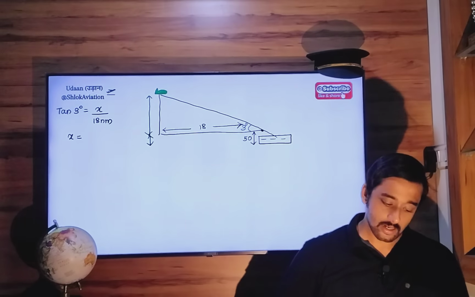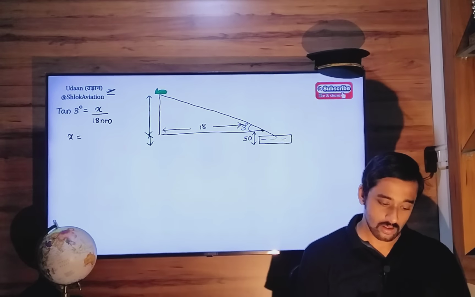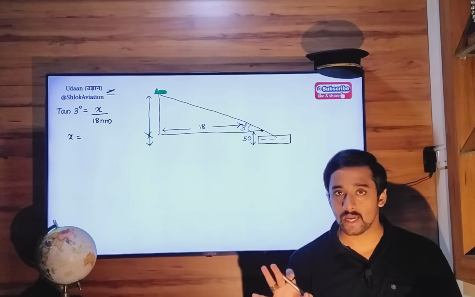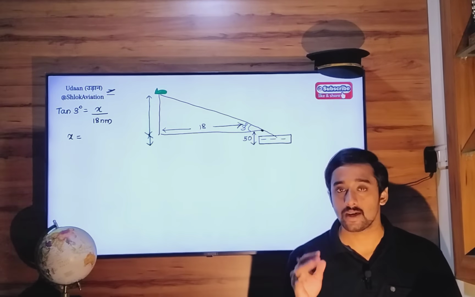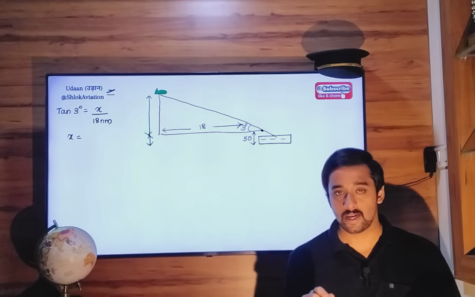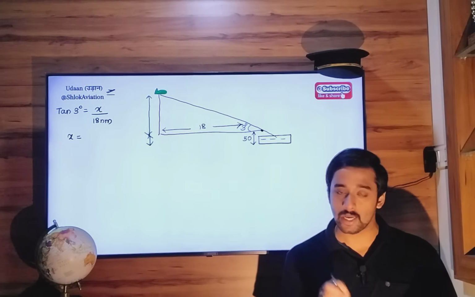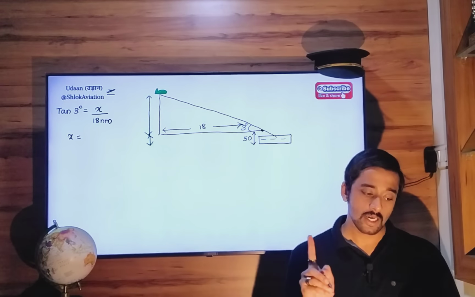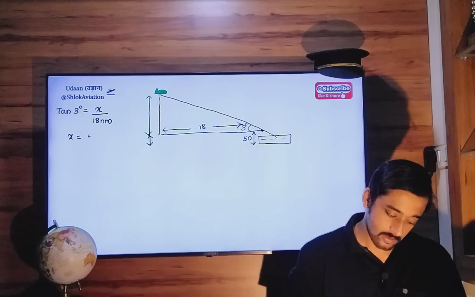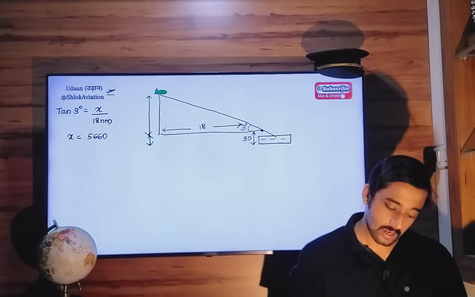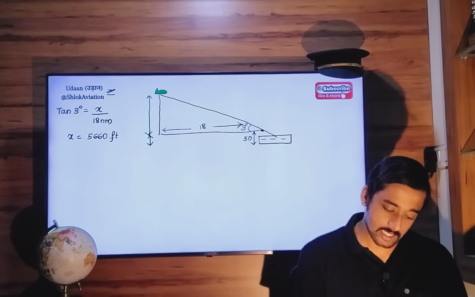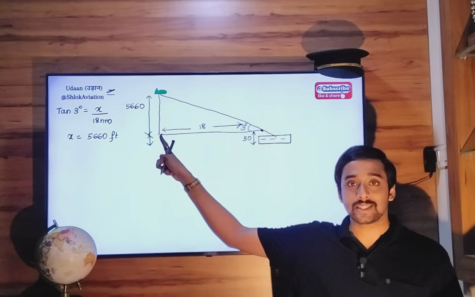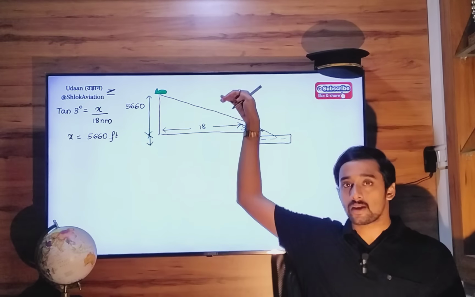So x will be tan 3 into 18, which is 0.9433 nautical miles. Convert that into feet. Now 1 nautical mile is 6,000 feet. So 0.94 nautical mile multiplied by 6,000 is 5,660 feet. So this is one possibility, that aircraft is 5,660 feet above the 50 feet above the threshold.